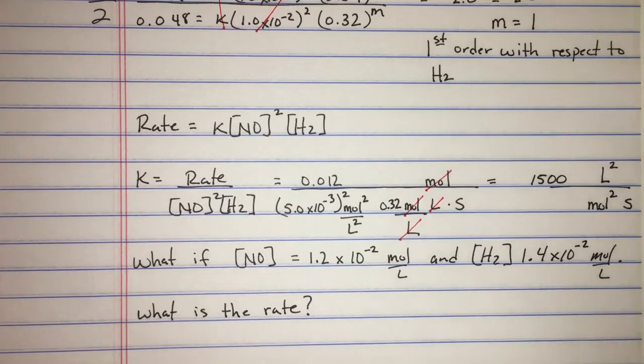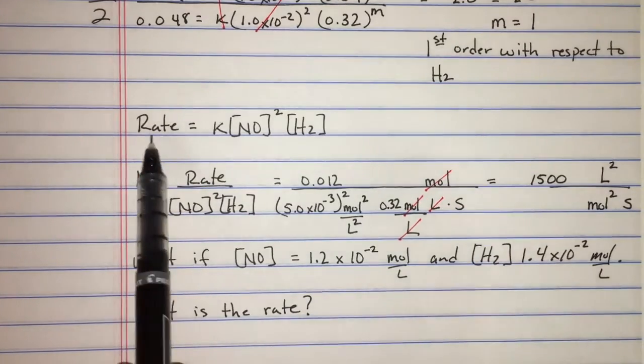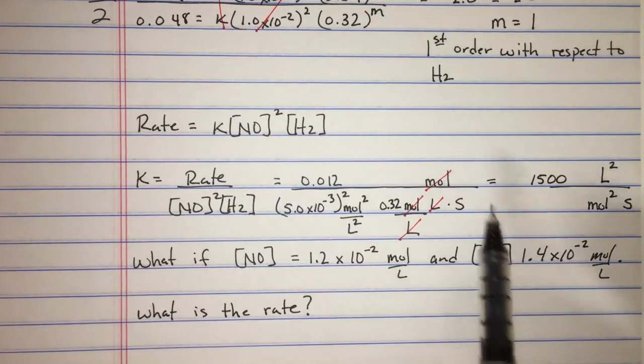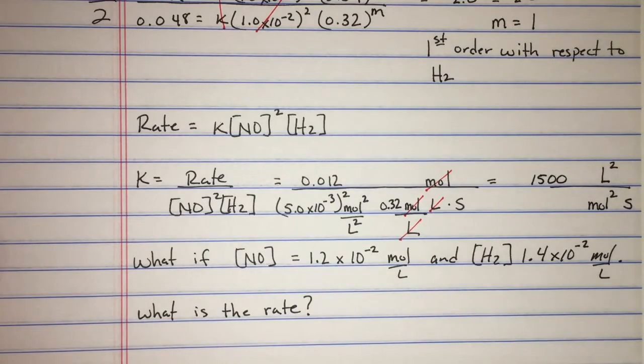And so now that we solved for the rate law, now that we solved for all of this and the rate constant, now we can do some other experiments. I mean, we can start with different concentrations and then we can calculate rates.